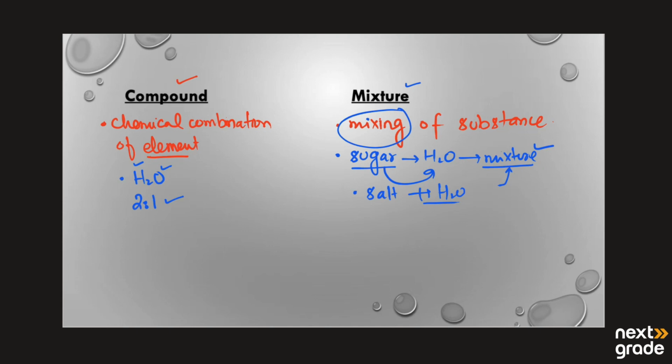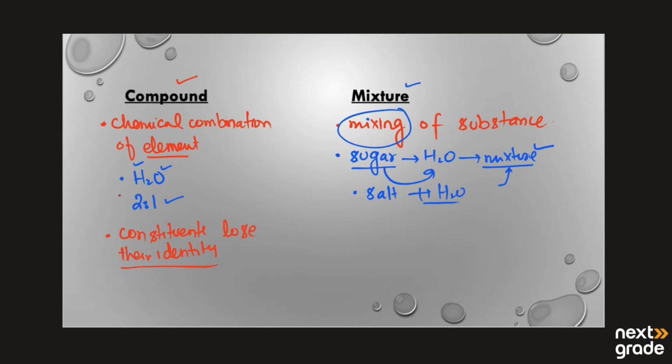Next, in a compound, all the components, which we call constituents, lose their identity. What does it mean to lose their identity?